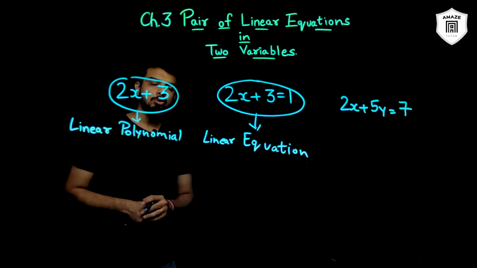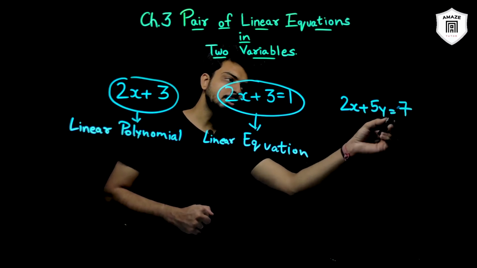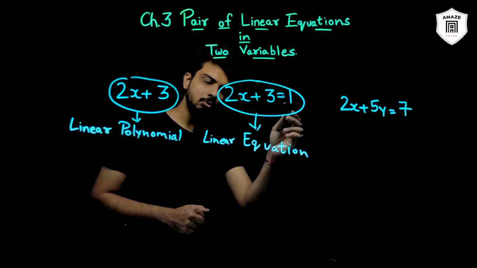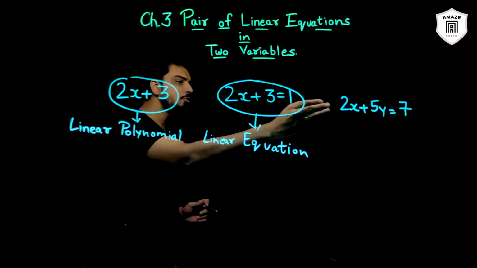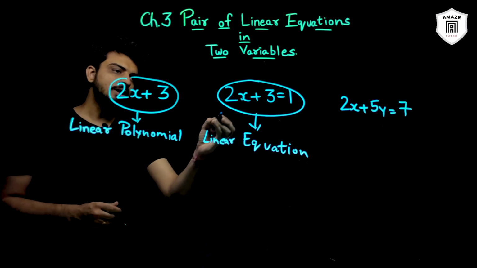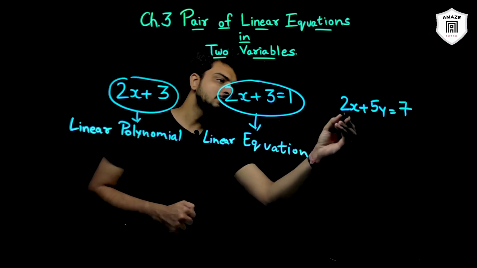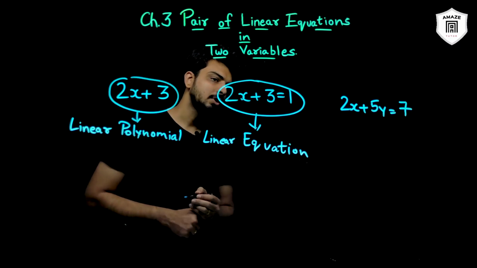So here also the maximum power of the variable is 1 here. So this is also a linear equation and this is also a linear equation. But what is the basic difference between these two? So here as you can see that only one variable x is used here and there are two variables used here, which is x and y.